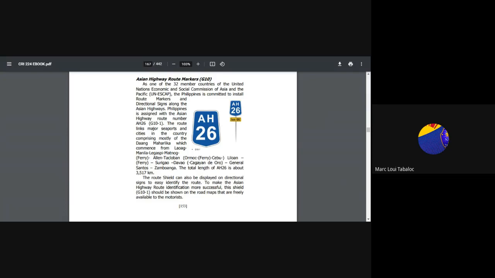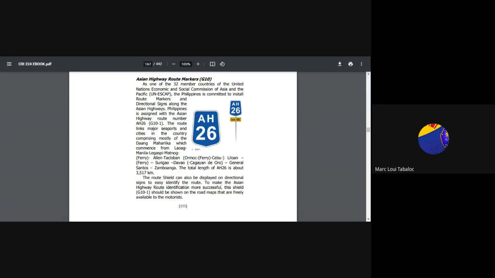It denotes the Asian Highway Route Marker. In the Philippines, we are part of Group 10.1 or the Asian Highway 26 system, which covers the whole Philippines. Whether Luzon, Visayas or Mindanao, you will see that on national highways.